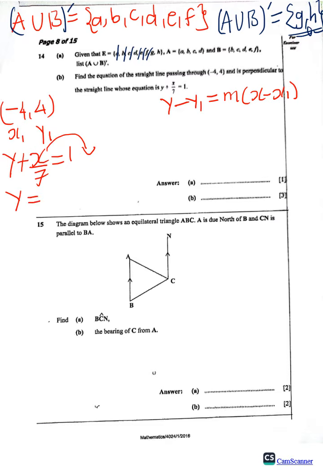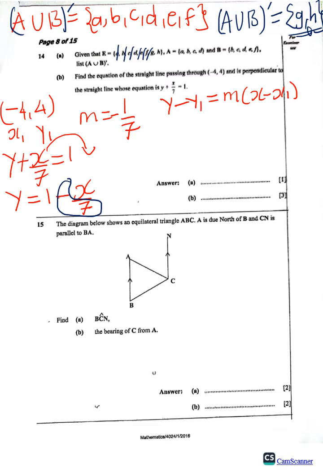So y is equal to 1. Since the x over 7 has a positive sign, after shifting to the right side, the sign will change to minus x over 7. Now the gradient is just the coefficient of x. So the coefficient of x is -1 over 7. So -1 over 7 is our gradient.